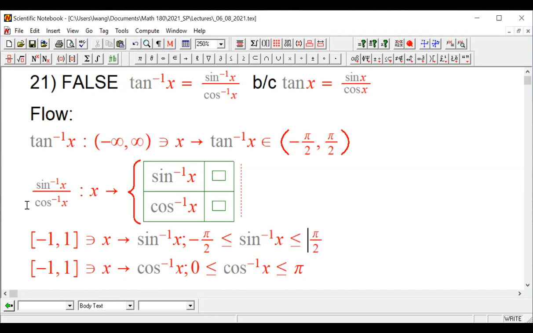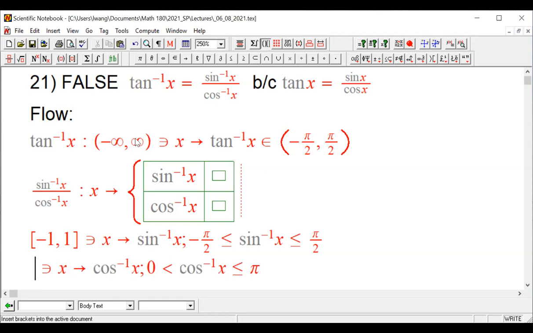So in order to guarantee we don't have a 0 denominator, that is, cosine inverse of the angle is not going to be 0, we have to make this greater than 0, and that means it cannot be 1, right? So this piece of x, you have to make an adjustment to that.